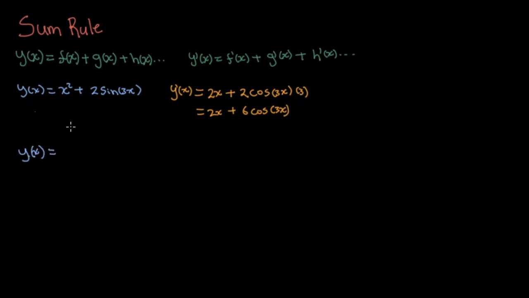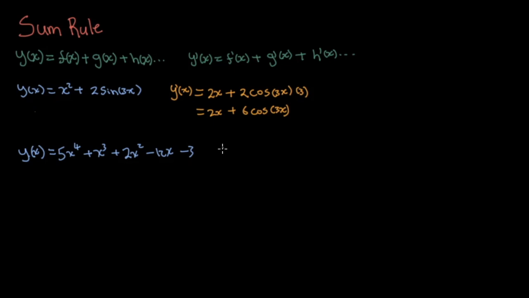So let's say y at x equals 5x to the power of 4 plus x cubed plus 2x squared minus 12x minus 3. What is the derivative y prime at x?